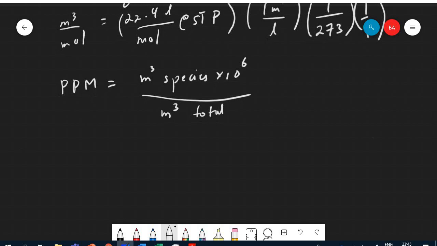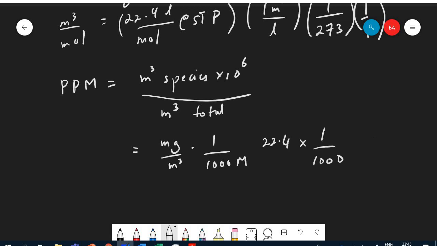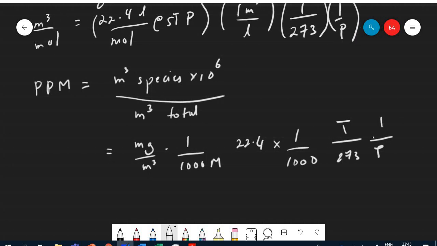And if you're going to calculate this, depending on the concentration that you are trying to achieve, this is going to be something like milligram per meter cube into 1 over 1,000 over the molecular weight into the standard 22.4 into 1 over 1,000 into T over 273, and that comes from the ideal gas law, multiplied by 10 to the power 6.